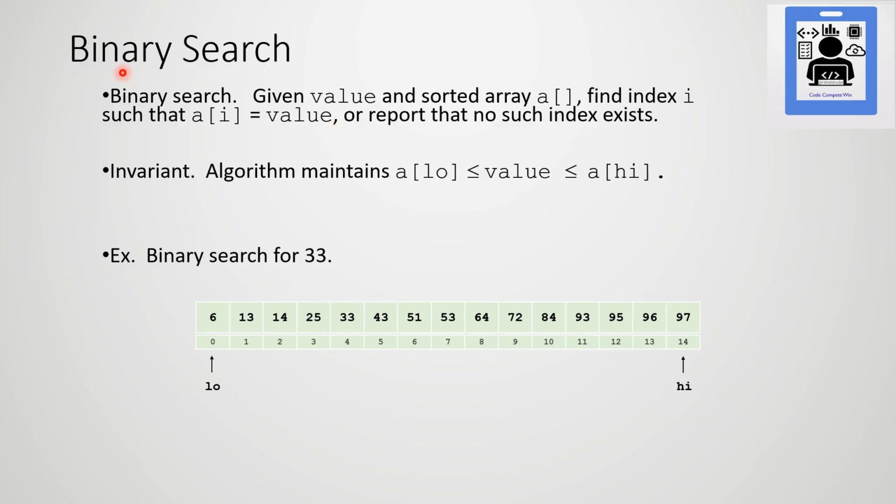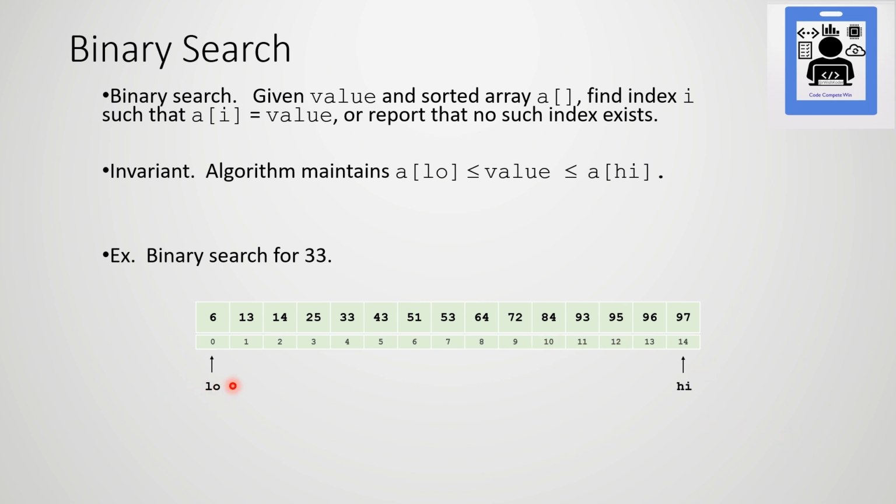Let's take an example: a sorted array of size 15, sorted in increasing order. The first step is to initialize our low and high index.